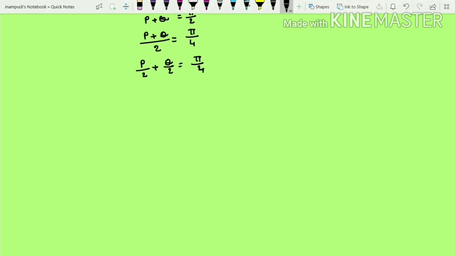Take tan on both sides. Tan of P by 2 plus Q by 2 is equal to tan pi by 4.